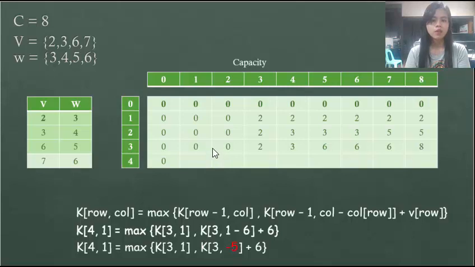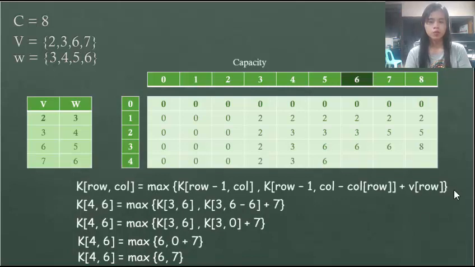So we will copy the value of row 3, column 1 to row 4, column 1, which is 0. So this means we will get negative numbers up to weight 6. So I will copy the previous values from column 1 to 5.